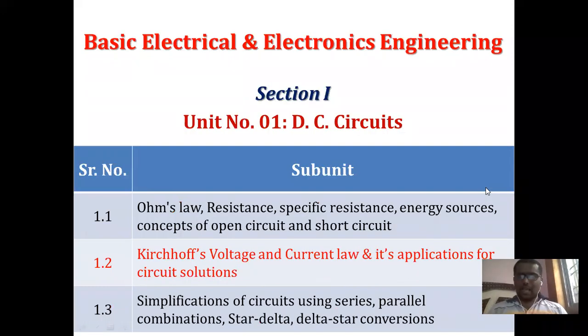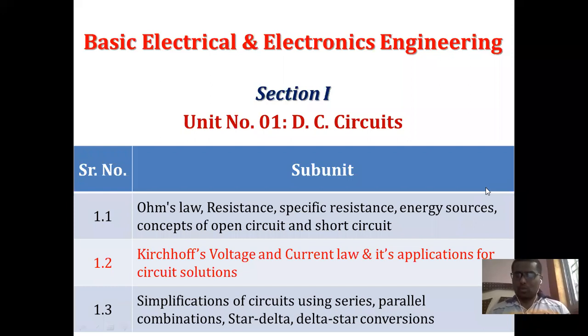Now the syllabus. This subject has two sections. If you read the title of the subject, actually these are two subjects. One is basic electrical engineering and another one is electronics engineering.